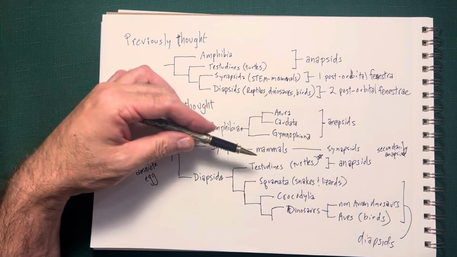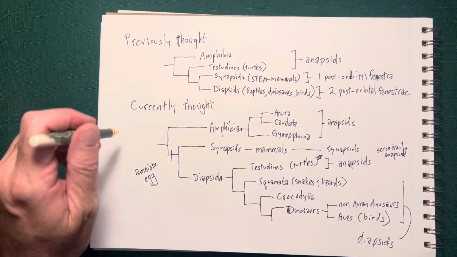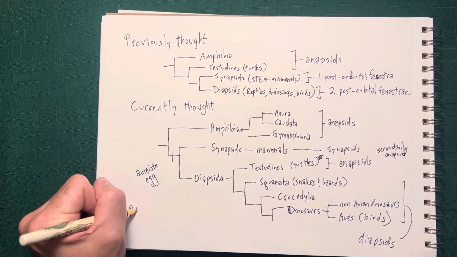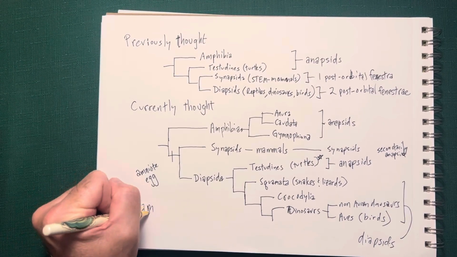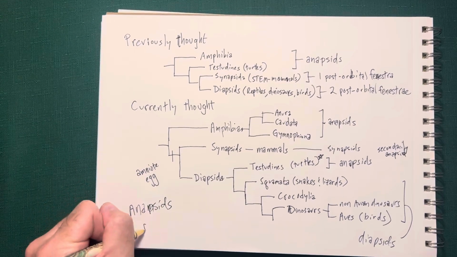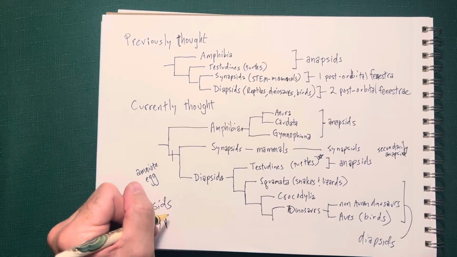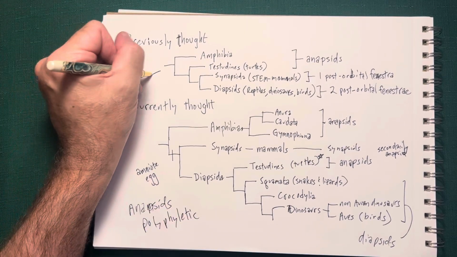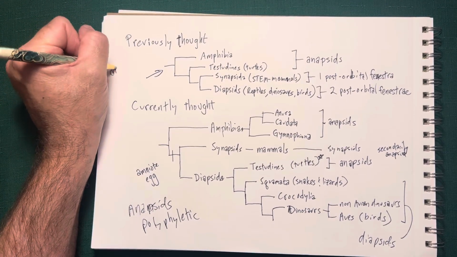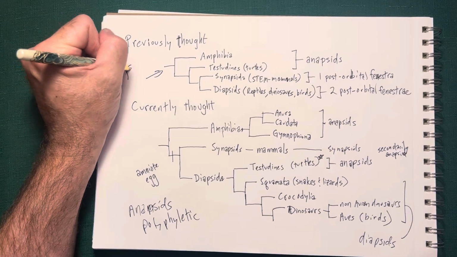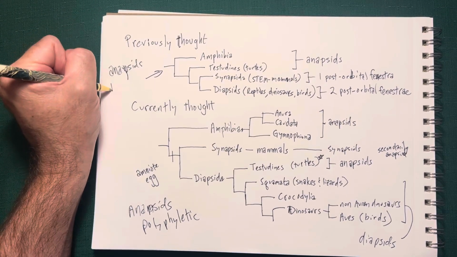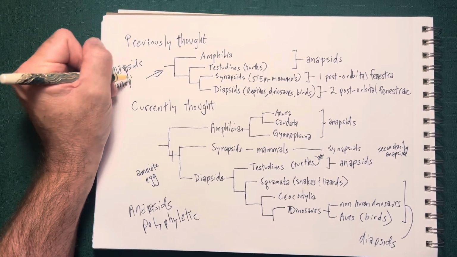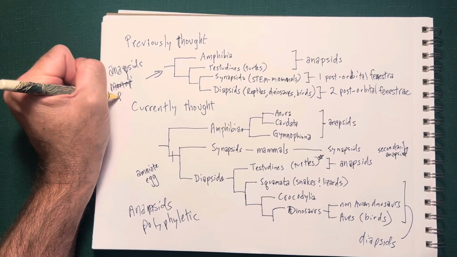Which means being an anapsid in this story, anapsids are polyphyletic. And in this story, anapsids are monophyletic. Well, really, they're paraphyletic.